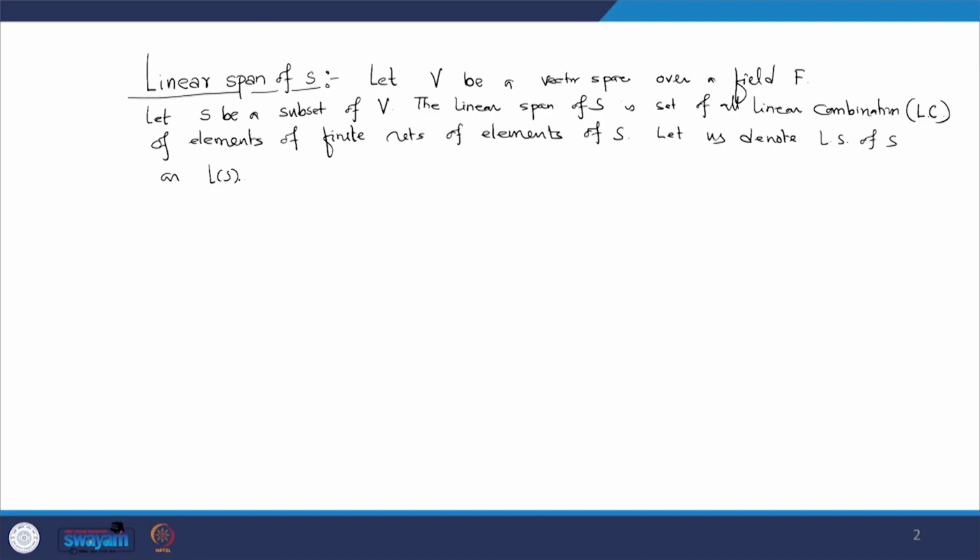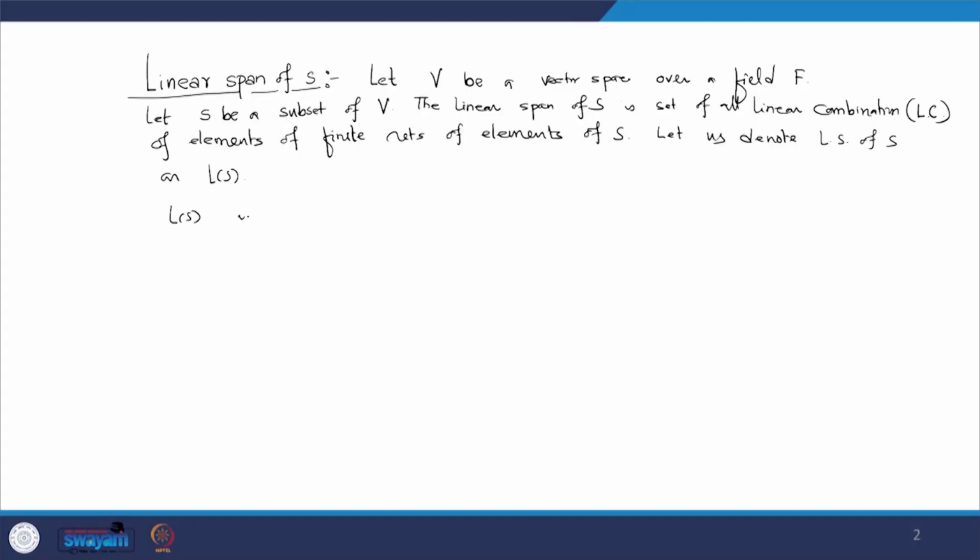Since it is a collection of all linear combinations of elements of finite sets of elements of capital S, similar to my previous proof that the collection of all possible linear combinations of elements of a subset of a vector space is a subspace, here also we can easily show that LS is also a subspace of V. The reason is, for any alpha belongs to LS and beta also belongs to LS.